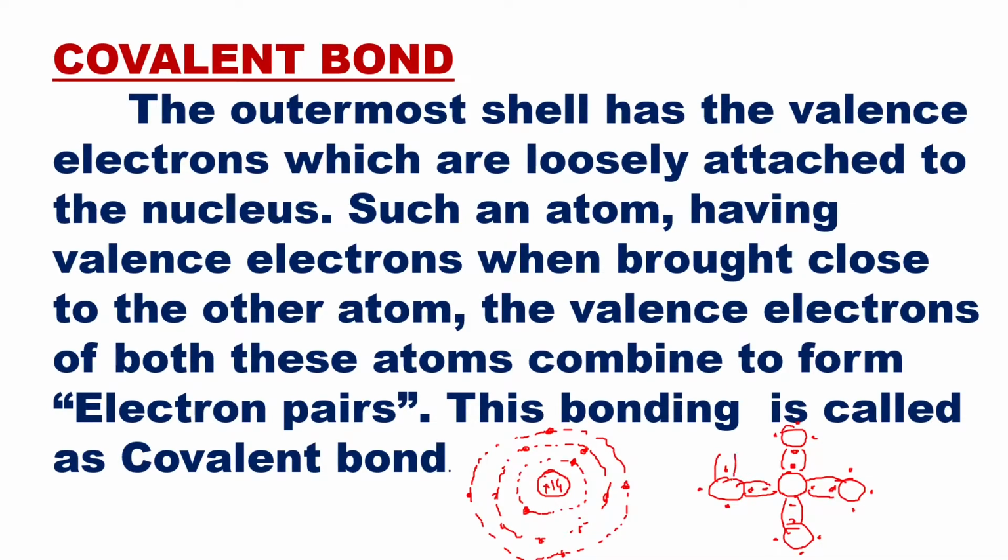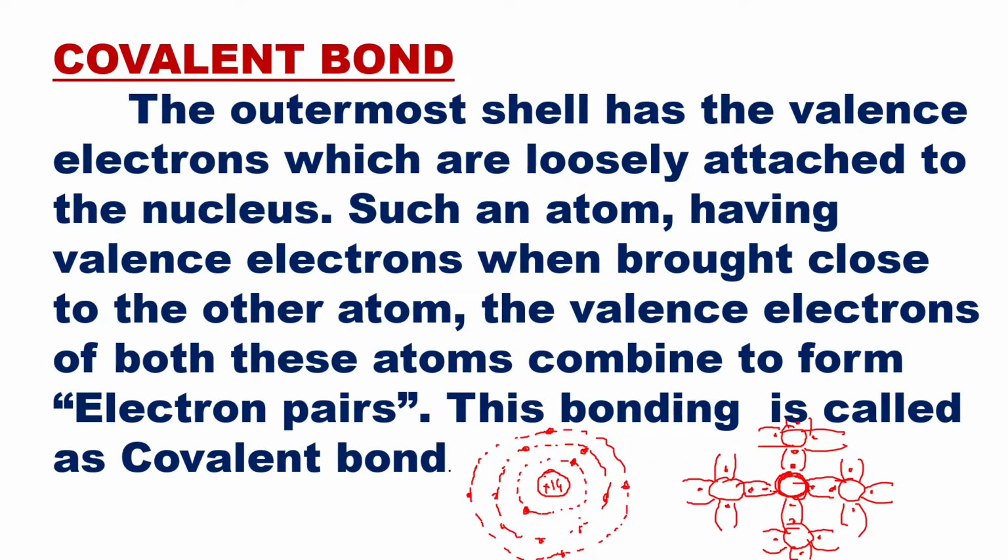Now if you see this pattern, this is how the center atom is connected to all other atoms. So when you have many atoms together, the pattern will look like this. This atom has 4 valence electrons.